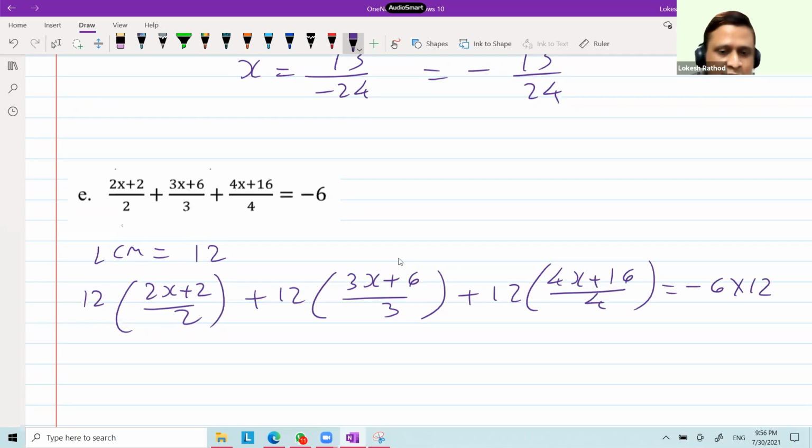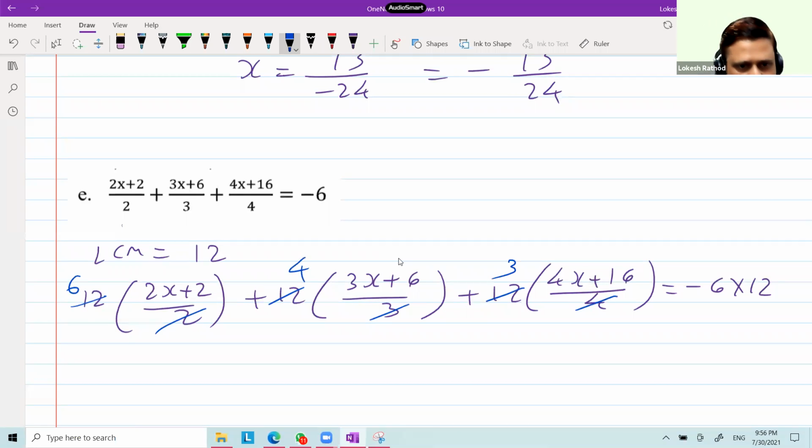And we can do this: we can multiply both sides of an equation with the same number, just that the number has to be non-zero. We cannot multiply both sides with 0, otherwise it becomes 0 equals 0. Now this 2 will get cancelled, so we get 6. This 3 gets cancelled, we get 4. This 4 gets cancelled, 4 3s are 12. And this we can anyway calculate.